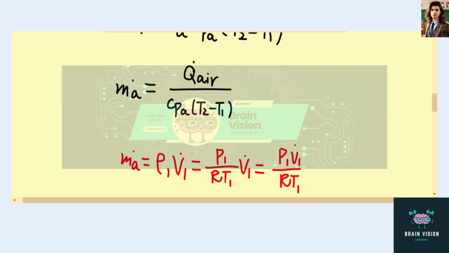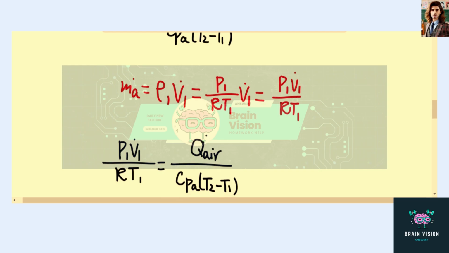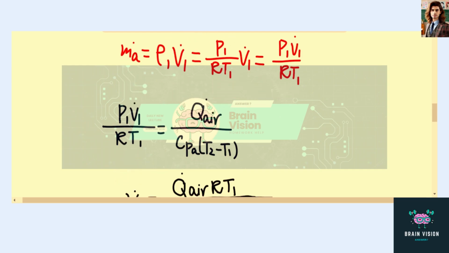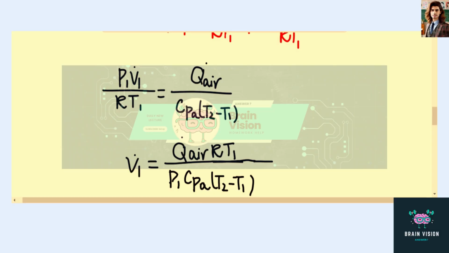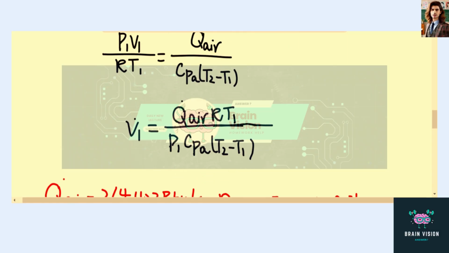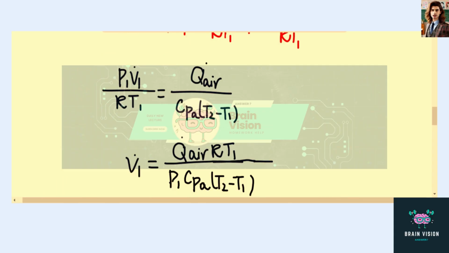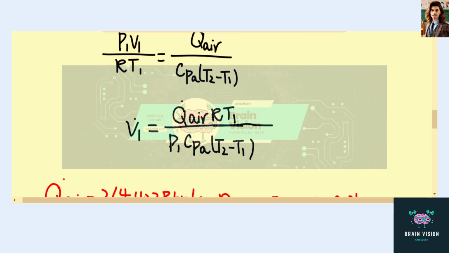If we do some arrangement here, we'll have M dot A is equal to P1 times V1 dot over RT1. Okay, so eventually we have P1 times V1 dot over RT1 is equal to Q dot air over Cpa times T2 minus T1. So eventually you have V1 dot, which is the inlet volume flow rate of the air, is equal to Q dot air times RT1 over P1 times Cpa times T2 minus T1.